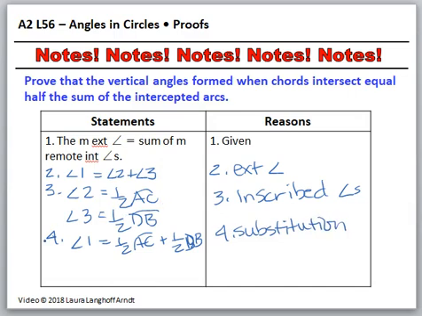All right, now we can always substitute things when we find out that they are equal. So if I can write it like that, that means I can factor out the 1/2 and say that angle 1 is 1/2 of AC plus DB, and that is from factoring.